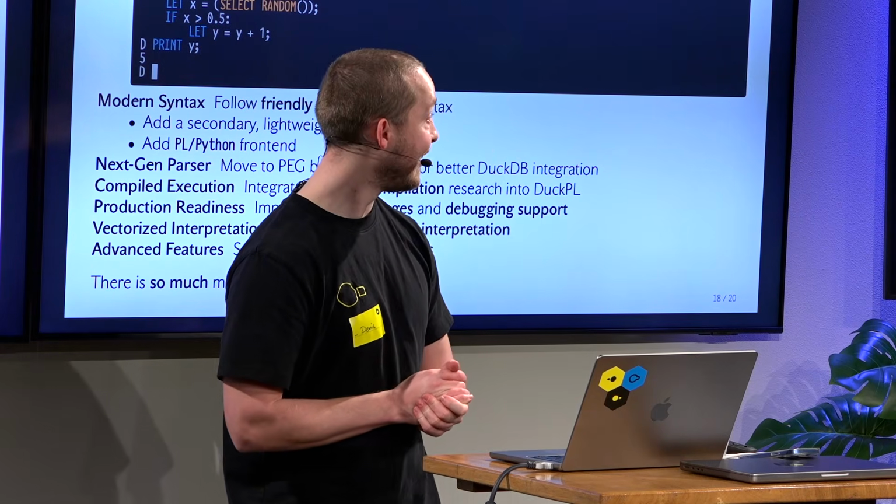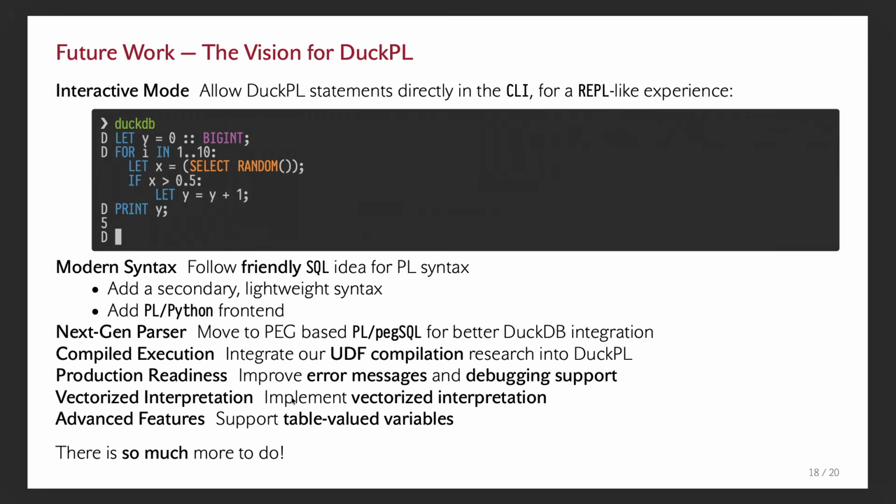Okay, a little bit more future work, maybe the vision of this whole thing. Postgres essentially just gives you the option to define functions and call them inside of your queries. I think it would be a really nice addition to have a REPL-like experience right in the CLI of DuckDB. That's not implemented currently, sadly.